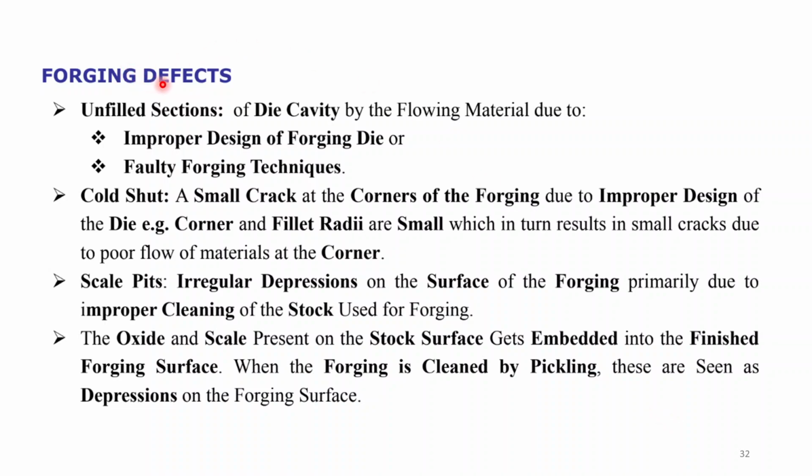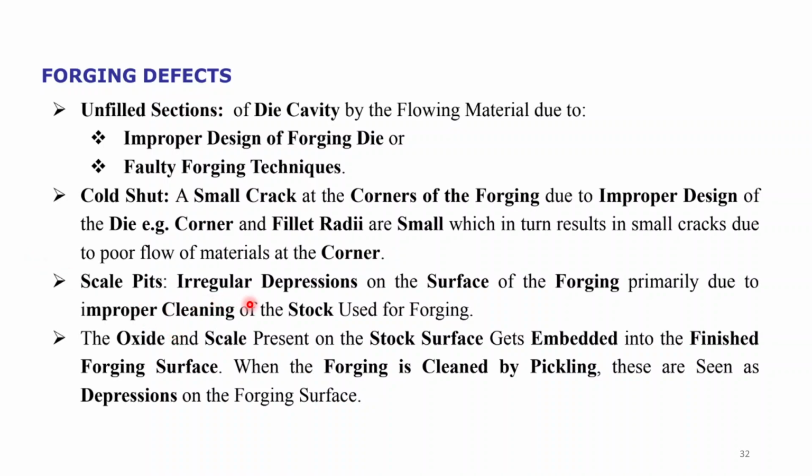Now some of the forging defects. One of them is unfilled sections, where the material does not completely fill the die cavity due to improper design of the forging die or faulty forging techniques. Cold shut is a small crack at the corners of the forging due to improper design of the die. For example, corner and fillet radii are small, which in turn results in small cracks due to poor flow of material at the corner.